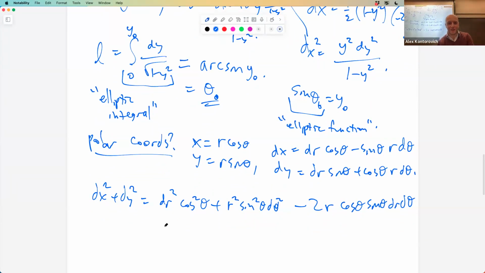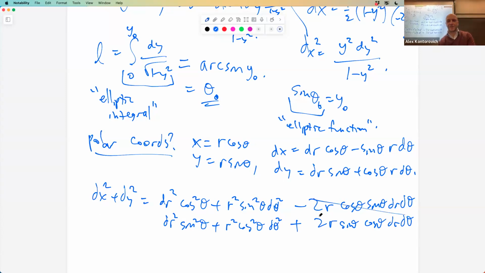How about dy squared? You guys all know what it's going to come out to. Does everyone know? Okay, not everyone, so let's do it. Squaring this gives dr squared sine squared theta plus r squared cosine squared theta d theta squared, and then the cross term is plus 2r sine theta cosine theta dr d theta.